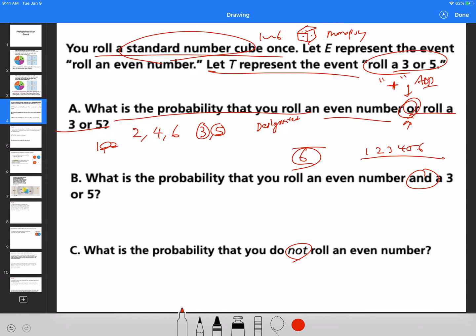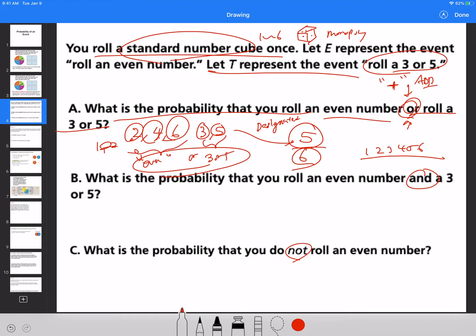So the fact that you're going to get these 3 of them, even number, or 3 or 5, means that you can put them all together and say that this is a total of 5 possible different events that you wish to have, because either or would do. Either or would be fine. So 2, 3, 4, 5, 6, except for 1, everything will be fine.